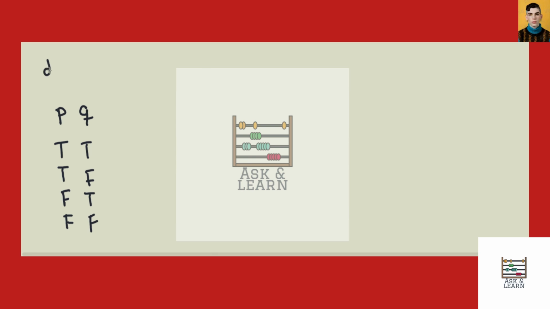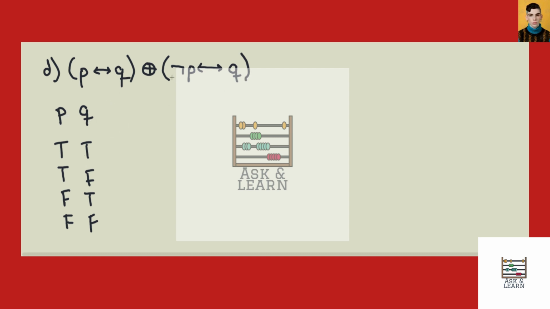Now D, we know is P, biconditional statement, Q, exclusive OR, the negation of P, biconditional statement, and Q. So we already have P and Q here.